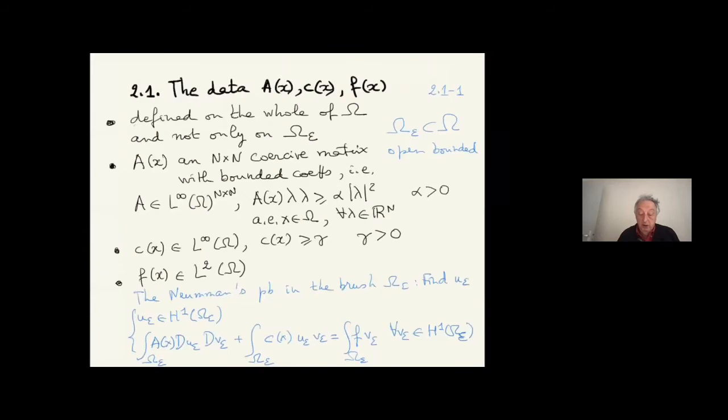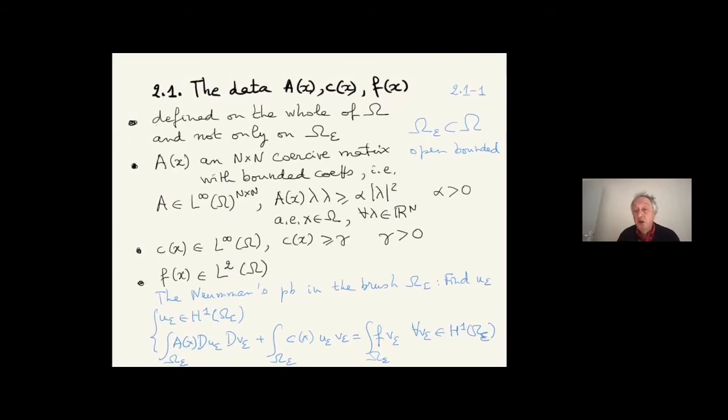But actually, what I will consider is exactly this problem, but in the variational sense. So I will not be interested in the partial differential equation, and the meaning of the partial differential equation, the meaning of the boundary condition. I will use the variational formulation, which is to say that I will look for some u epsilon which belongs to H1 of omega epsilon. Remember that omega epsilon is open.